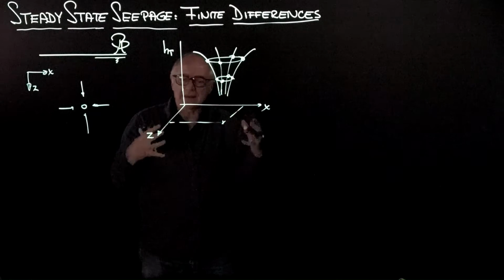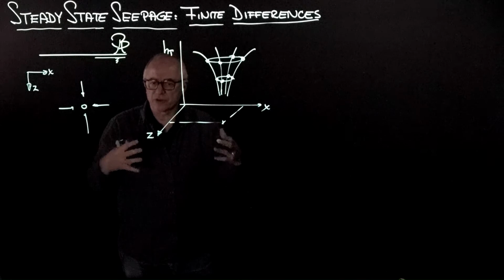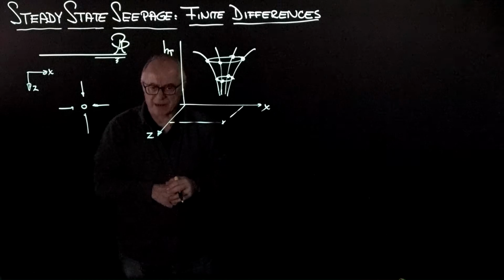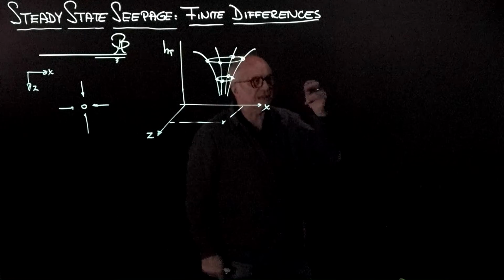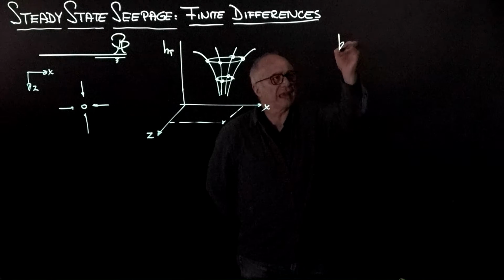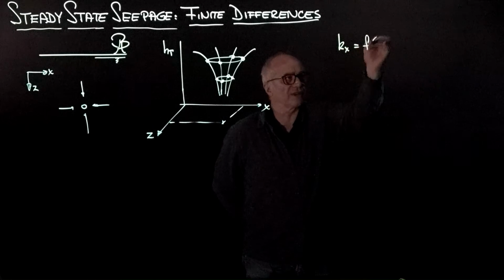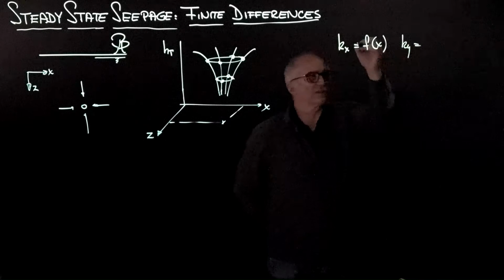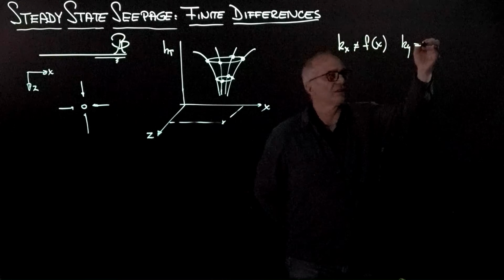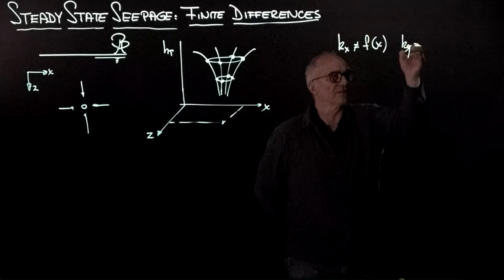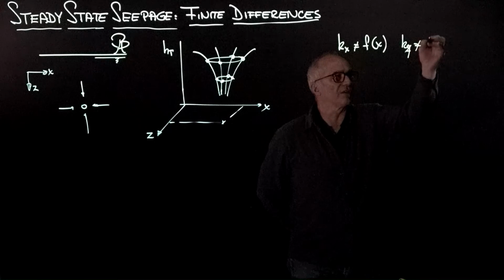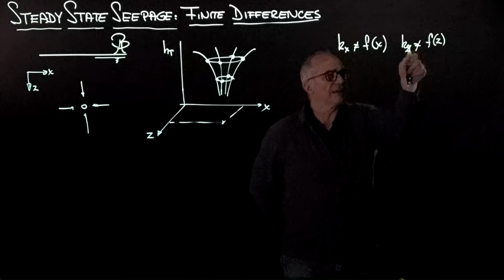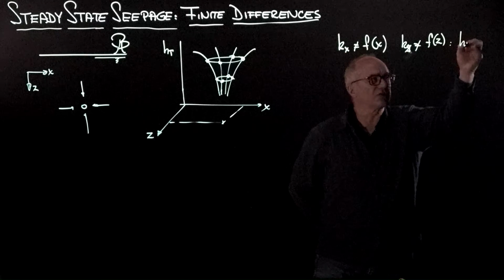And when this system reaches steady state flow conditions, we know that it satisfies a Laplacian. Let's remember once again that if k in the x direction is not a function of x, and if k in the z direction is not a function of z, then we have a homogeneous system.